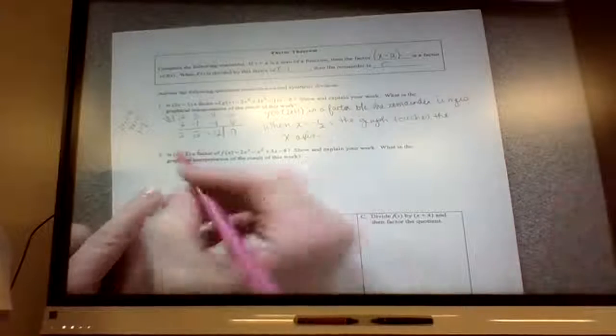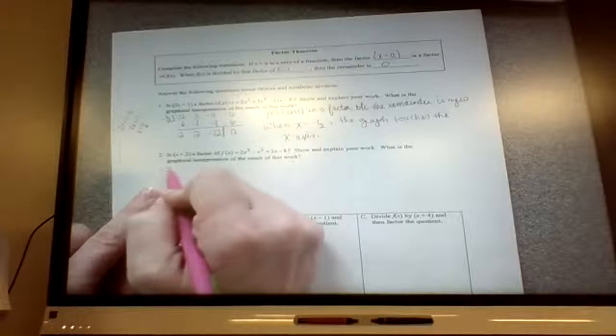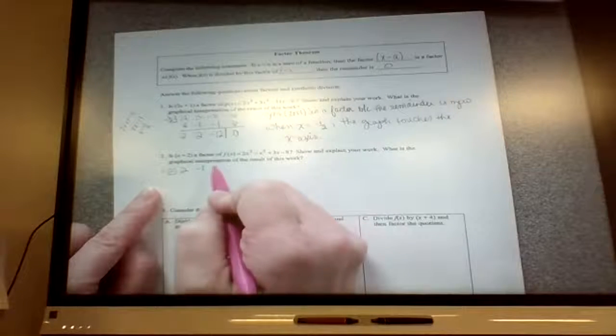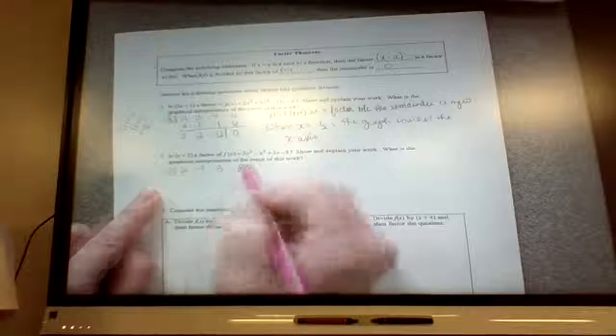All right, try this one on your own. You're going to put a negative 2 right here. 2, negative 1, 3, negative 8.